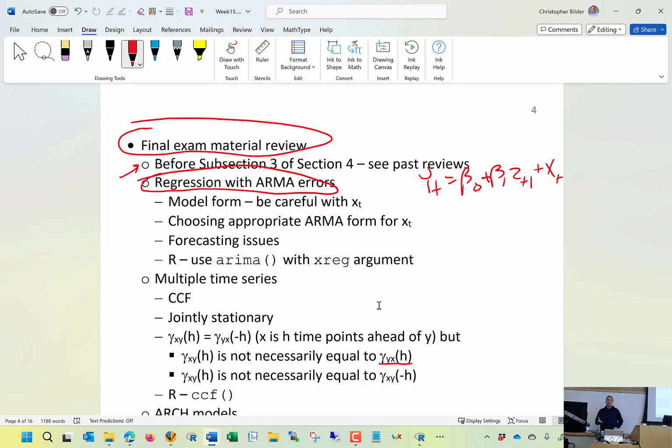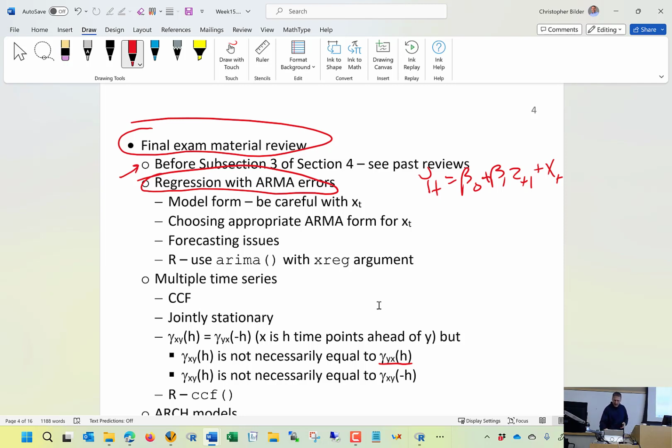But now with these kinds of models, we're going to put x of t, because we're going to allow for the fact that these error terms could be dependent. And the way that we're going to account for the dependencies is through these ARMA models. Since we've always used x of t before for that, we'll just use it here as well. And so that's what the model looks like.